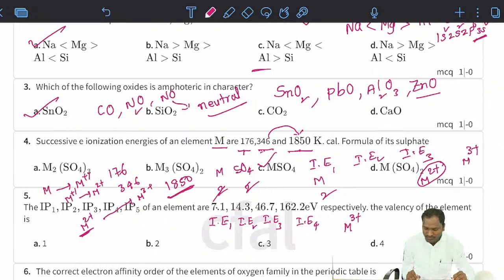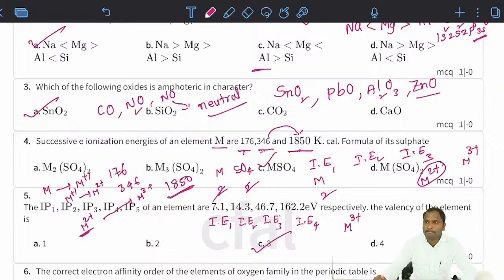Okay, 1, 2, 3 after removing third electron. So valency of the element is 3, not 4. It is 3 because removal of fourth electron from +3 is difficult. Means +3 state is stable, means it is ready to lose 3 electrons. That is only its valency.